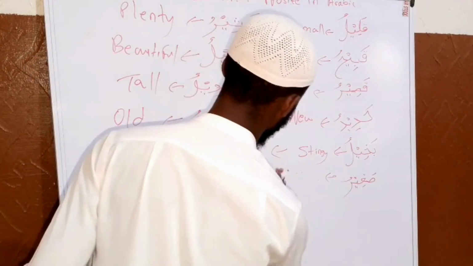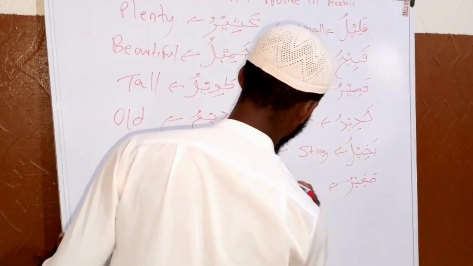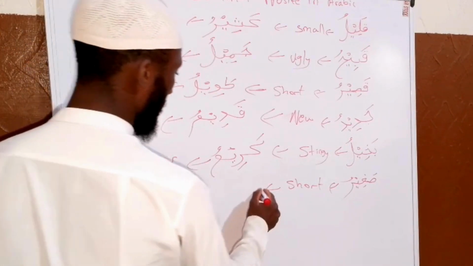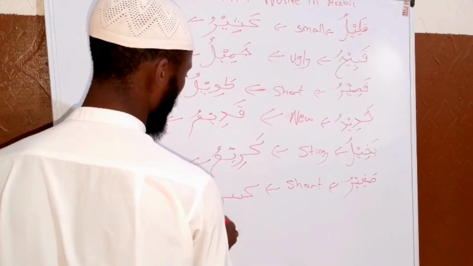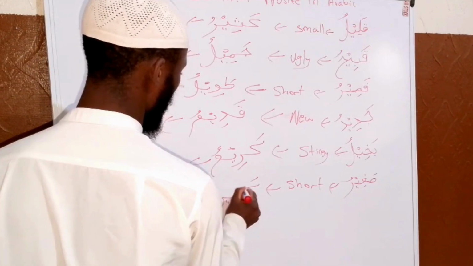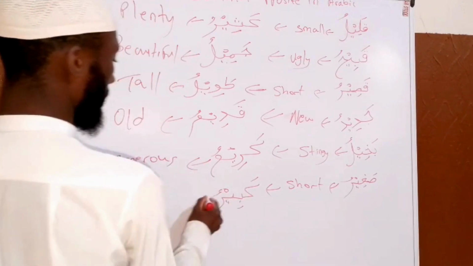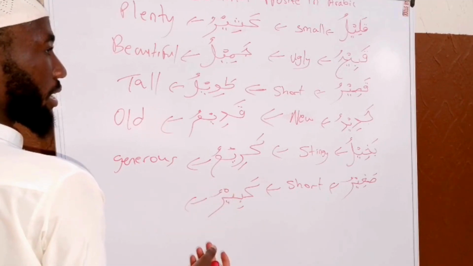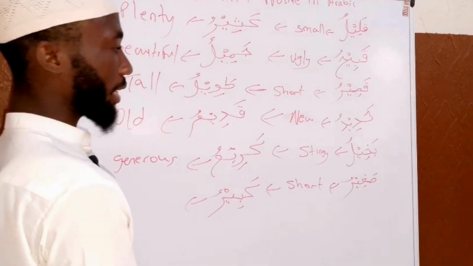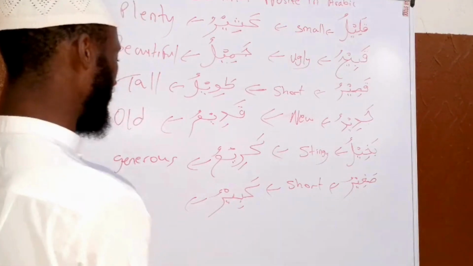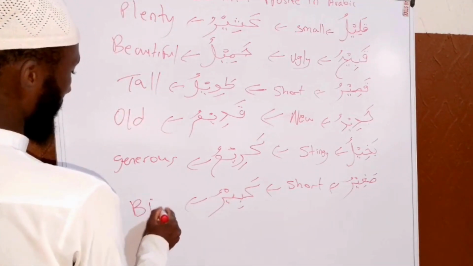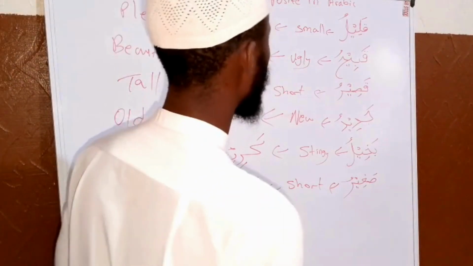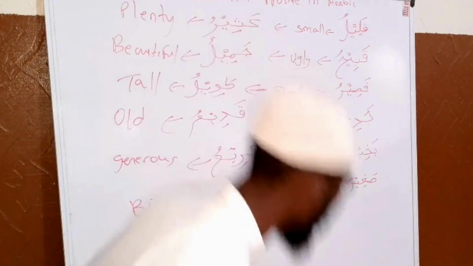The opposite of small is kabir. Kabir means big. So these are the most common opposites in Arabic.